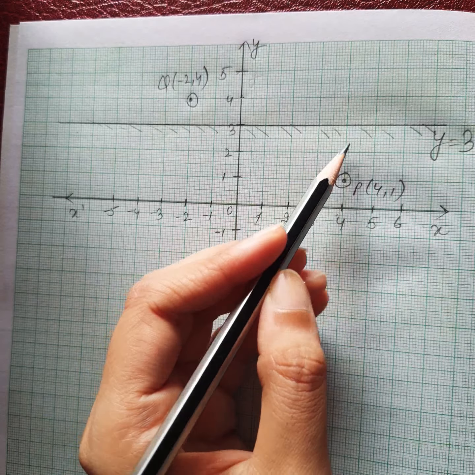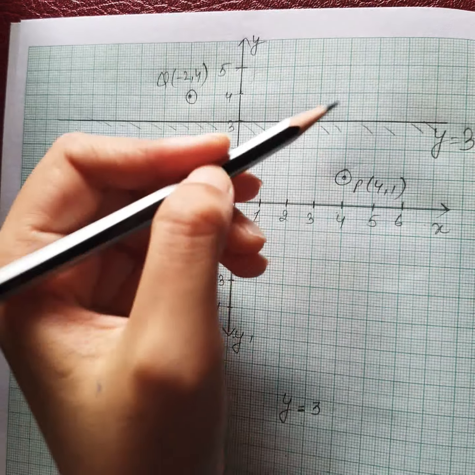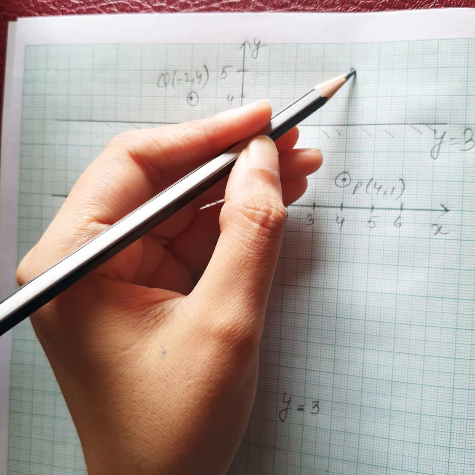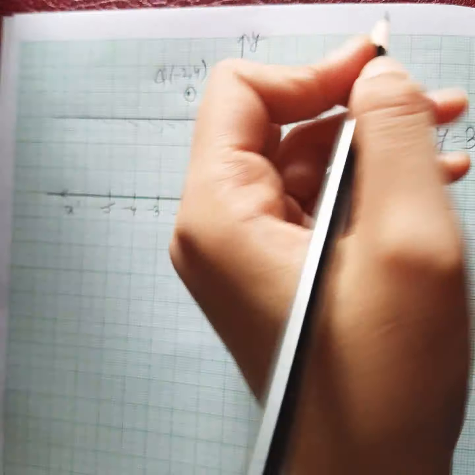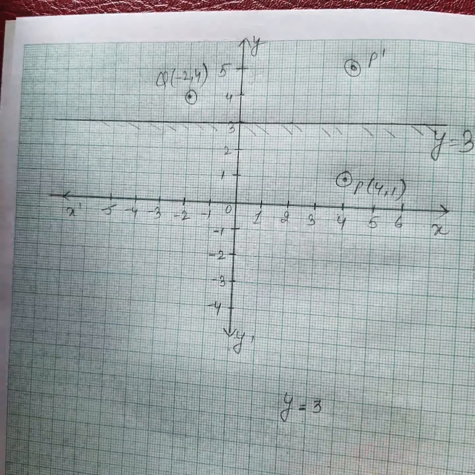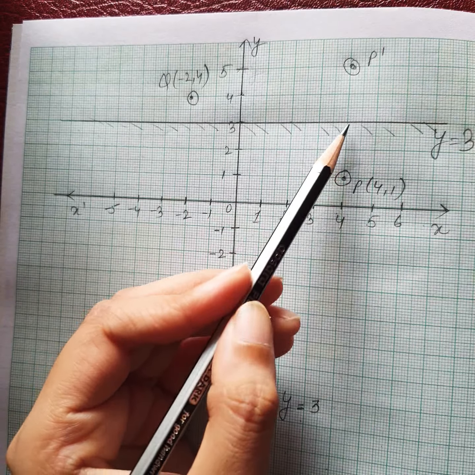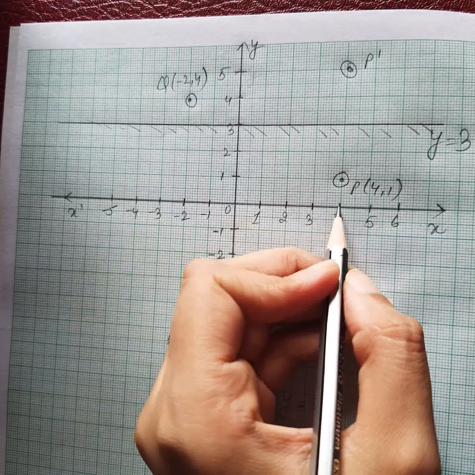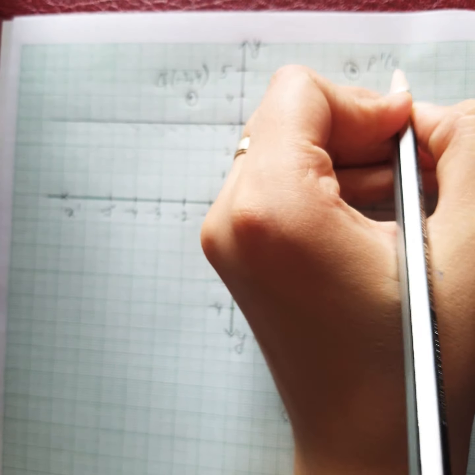P is 2 units away from the mirror, so after the mirror the image will be 2 units away. The reflected point P dash will be here, 2 units away from the mirror, so the coordinates are (4, 5).